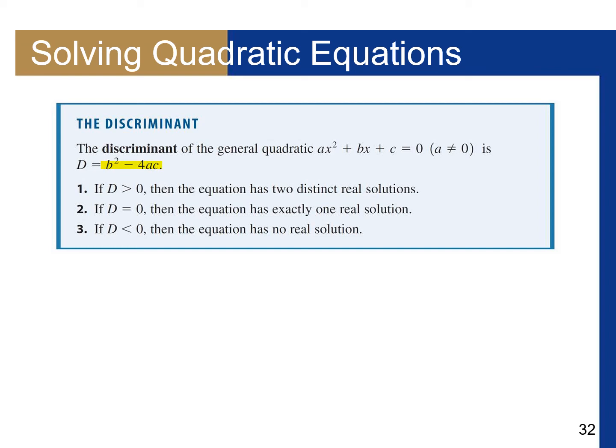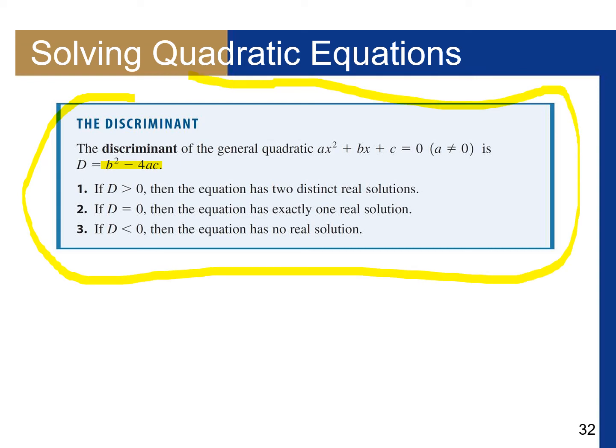That is what's underneath the square root. If it's bigger than 0, you're going to have two answers. If it's equal to 0, you'll only have one answer. And if it is less than 0, you're not going to have any real numbers because the square root of a negative is not a real number. So this is a check to see whether you're going to have 2, 1, or no real number answers.